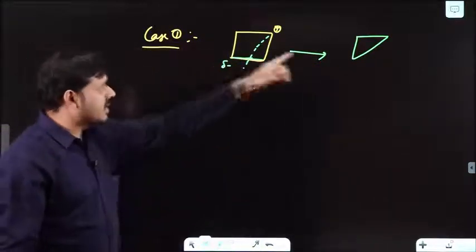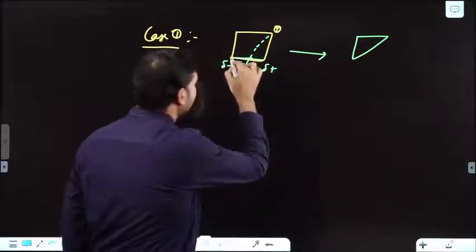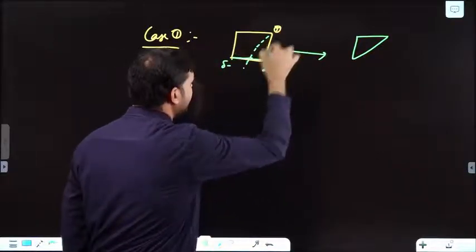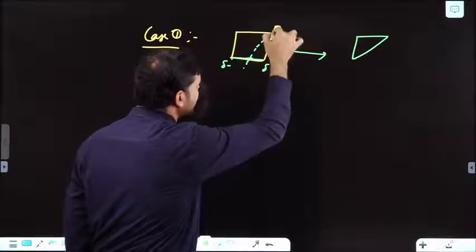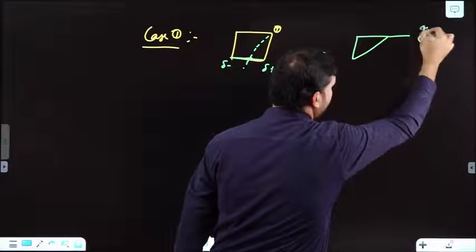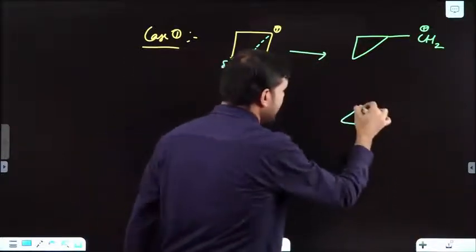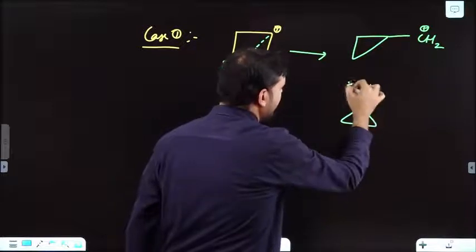Now by making a 3-membered ring, what did you do? This part is broken, minus plus, it is joined. So this part is having your CH2 part, CH2 plus. Now if I make it properly, it is like this, CH2 plus.